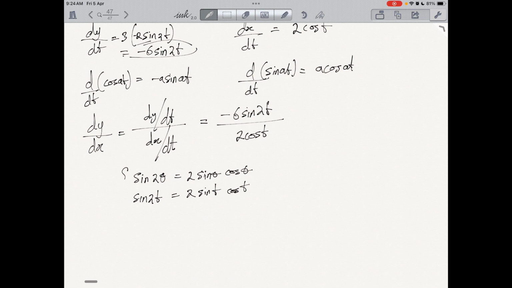This is gotten from the double angles formula.